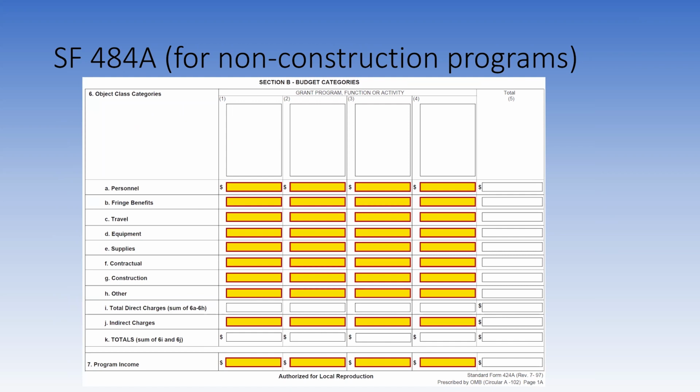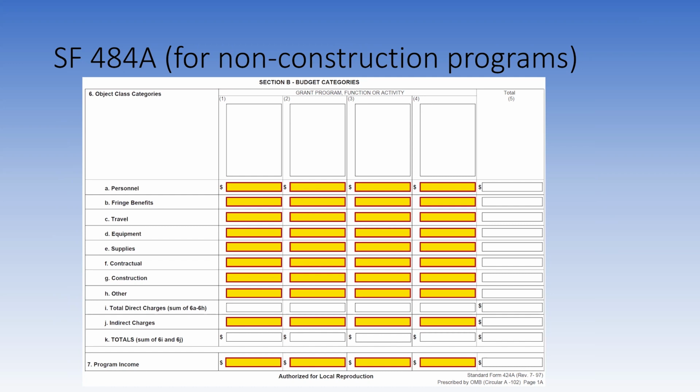Section B, here's our budget categories. You want a specific breakdown of the budget into these various categories. So personnel, you're talking about people and paying people involved in the project. Fringe benefits. Fringe benefits can be lots of things. Like a working meal is something that is a fringe benefit that's paid.